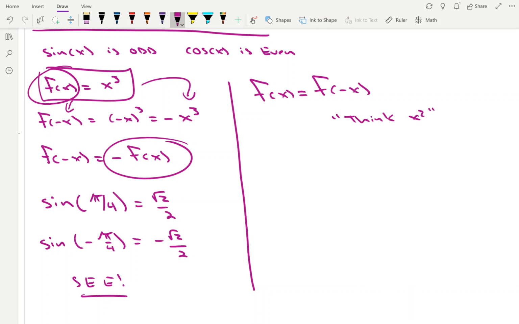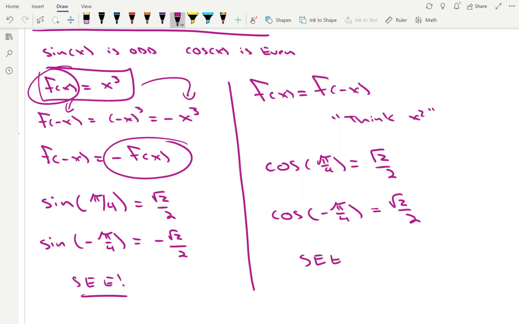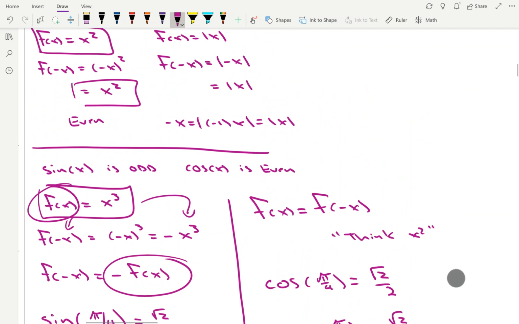So here, think of cosine of pi over 4, and in the unit circle, that's a positive root 2 over 2. And cosine of negative pi over 4 is equal to root 2 over 2. So even if I put a negative into this function, I still get the same value. So that's another way to understand why we say cosine is even and sine is odd.